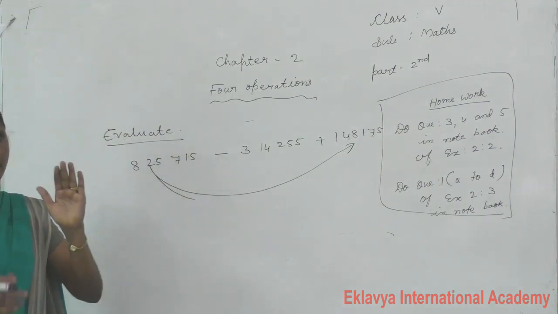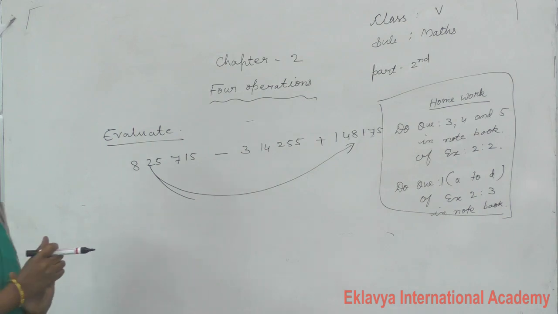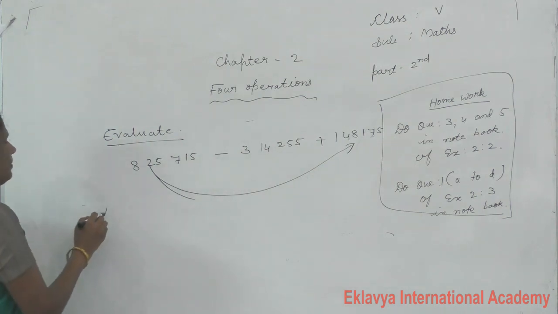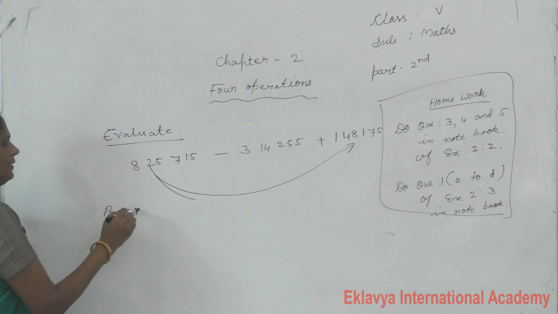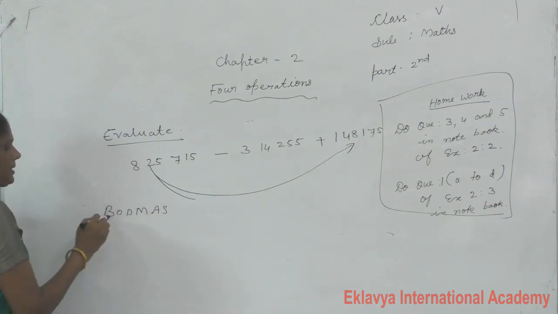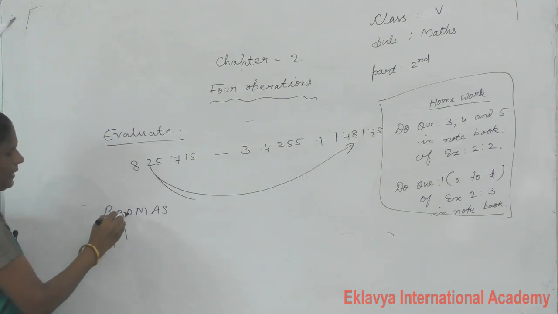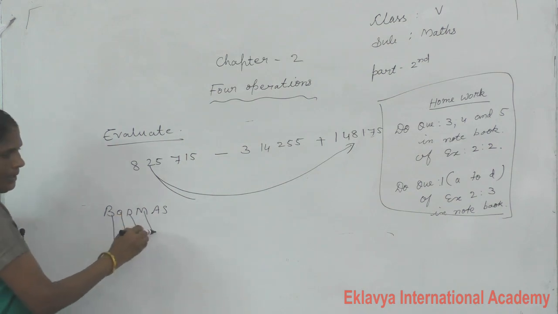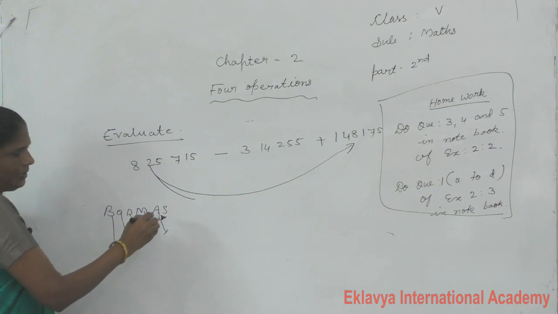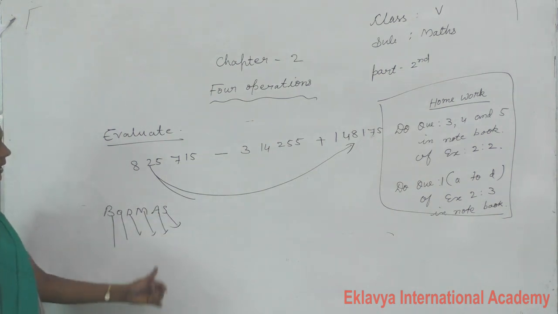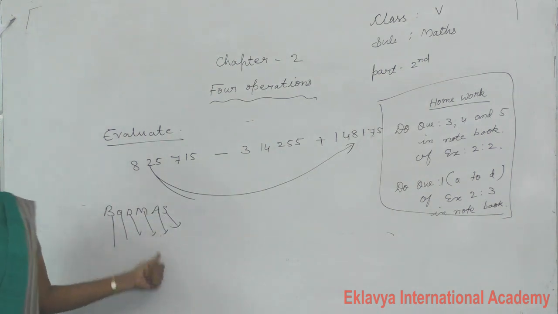First you add, according to the BODMAS rule. You know BODMAS? B for bracket, O for of, D for division, M for multiplication, A for addition, S for subtraction. In the BODMAS rule, first we add.